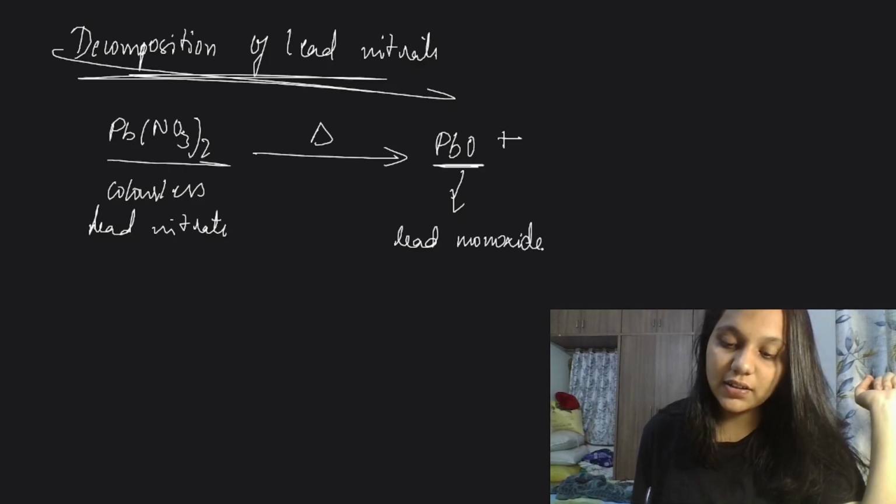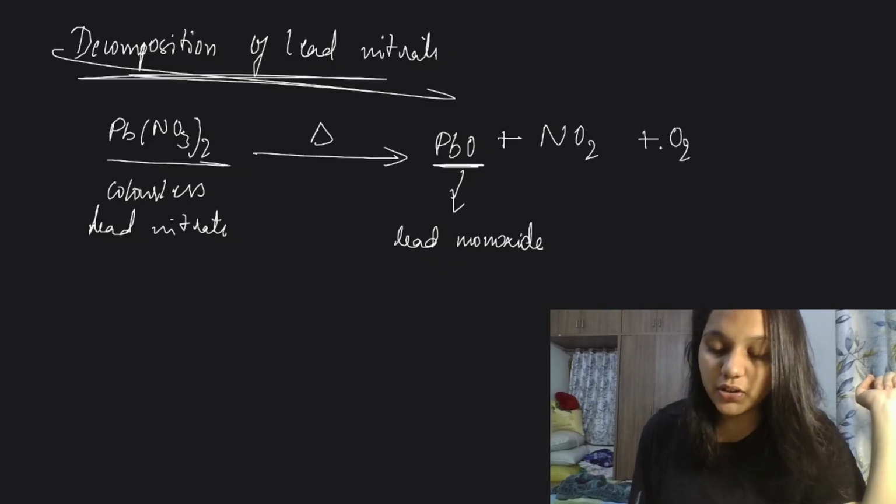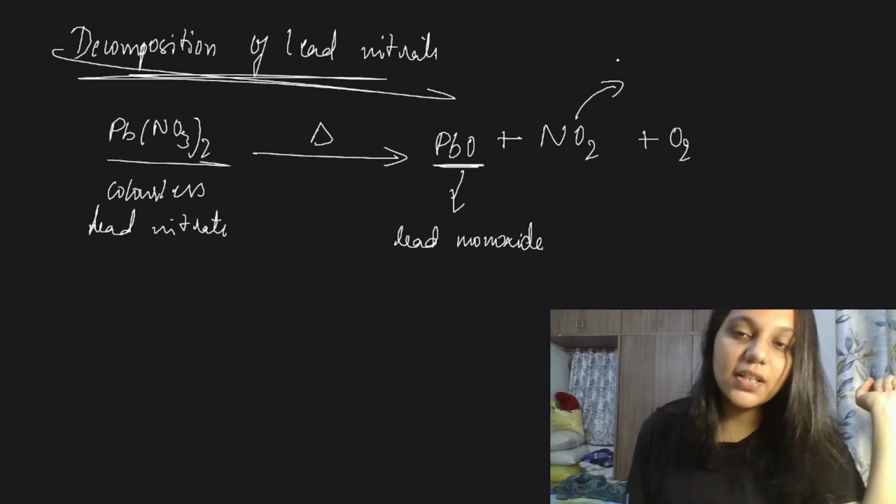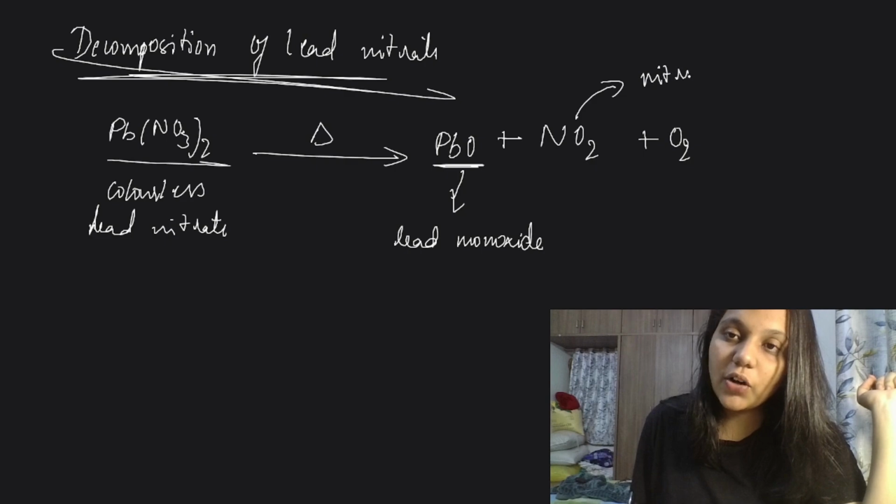There is only one oxygen, so we call it monoxide, lead monoxide, and NO2. There is a release of oxygen here. NO2 is nothing but what? NO3 is nitrogen trioxide. This is nitrogen dioxide.